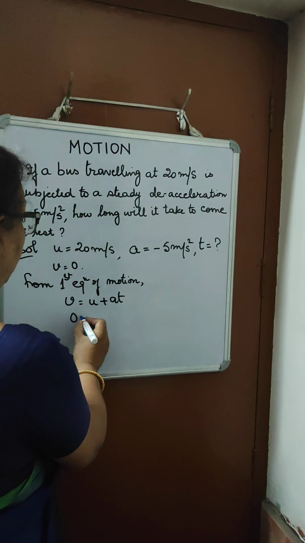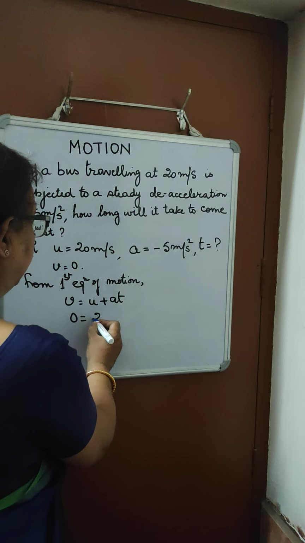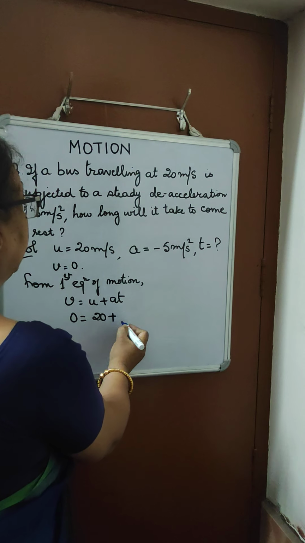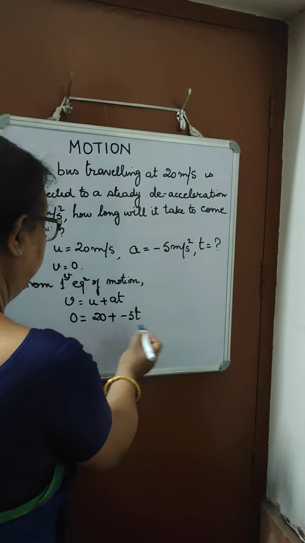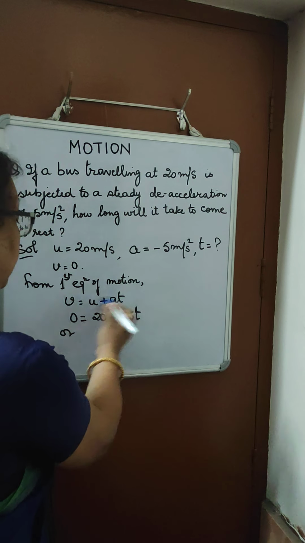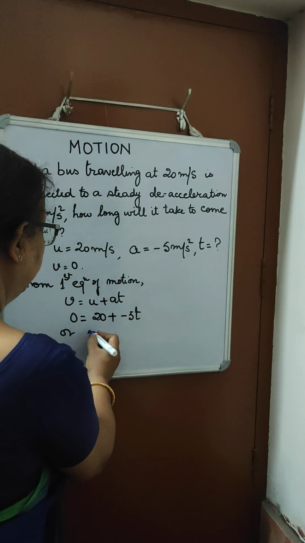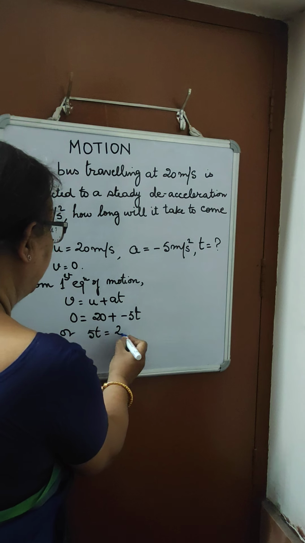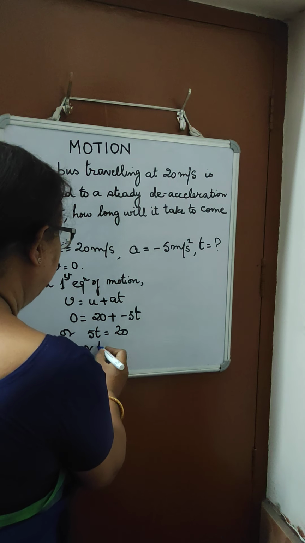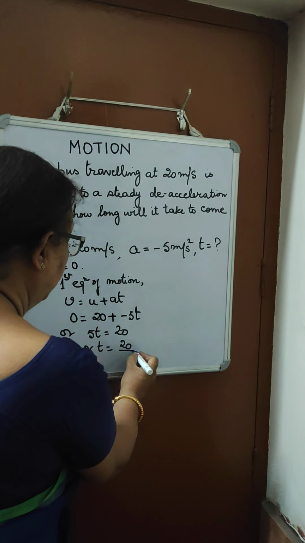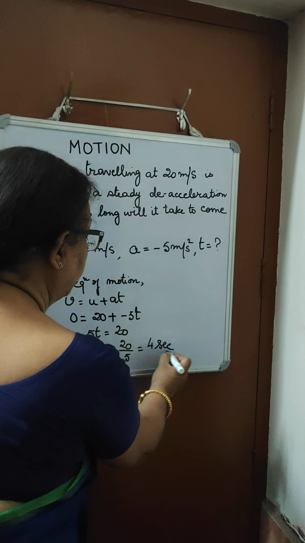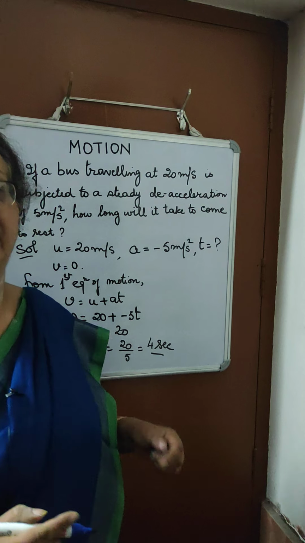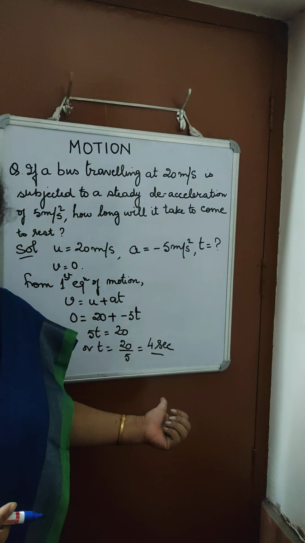V is 0, u is 20, a is minus 5, into t. So 5t is equal to 20, or t is equal to 20 by 5, that is 4 seconds. So children got the answer, 4 seconds.